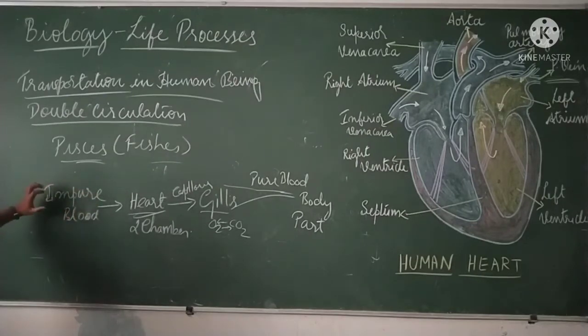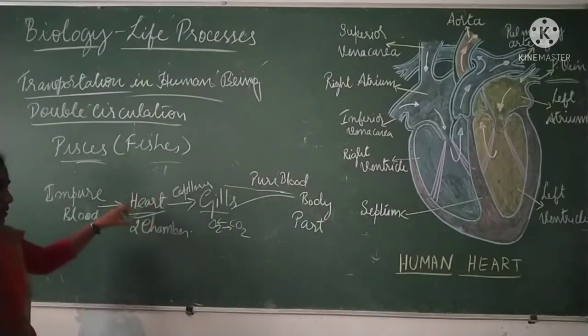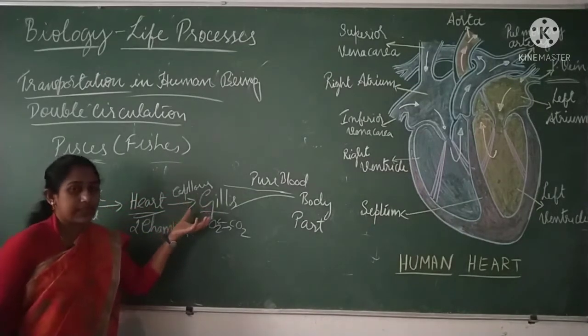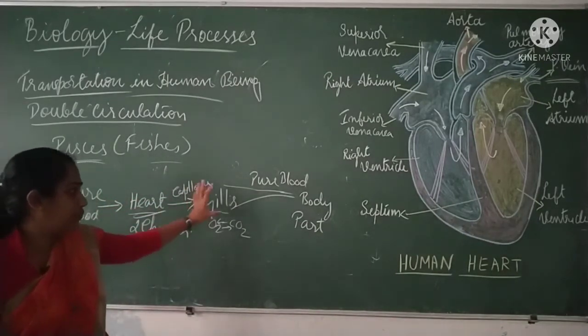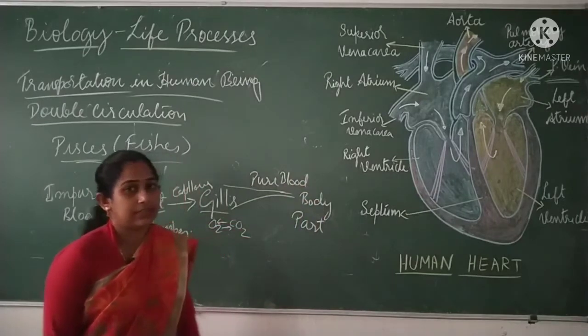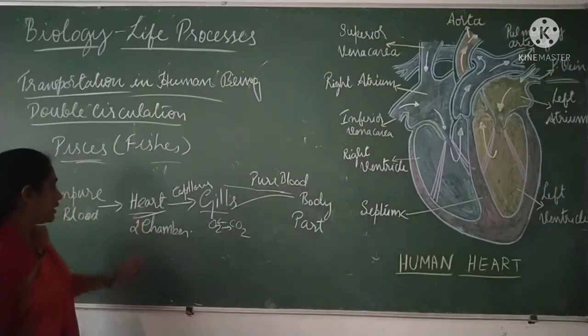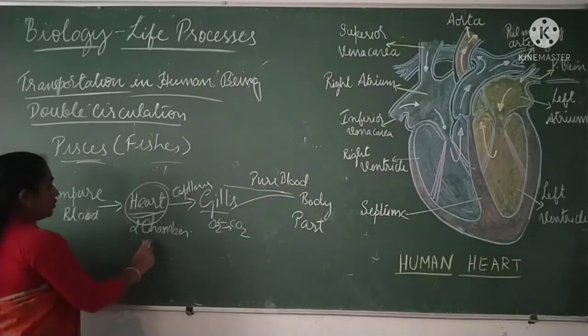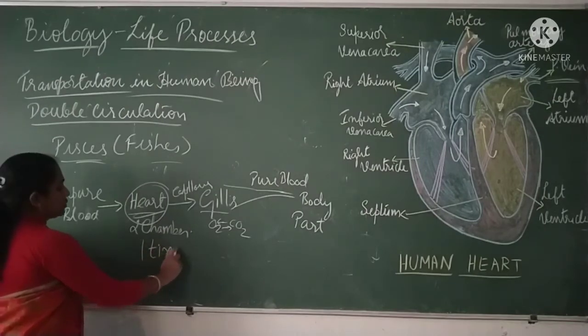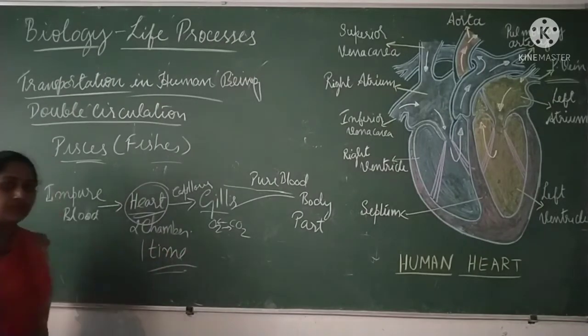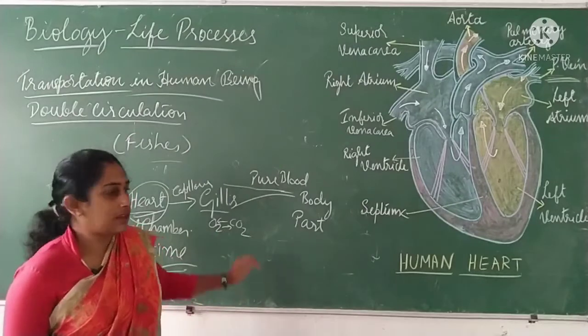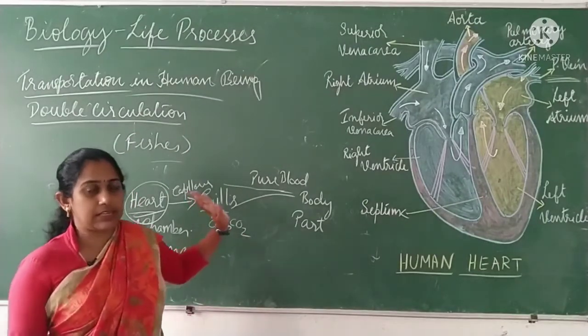In fishes, impure blood from different body parts comes to the heart. The heart pumps the blood to the gills. The gills exchange the gases, the blood is purified, and purified blood goes to the body parts directly. So blood enters the heart only one time. There is no double circulation in fishes, only single circulation.